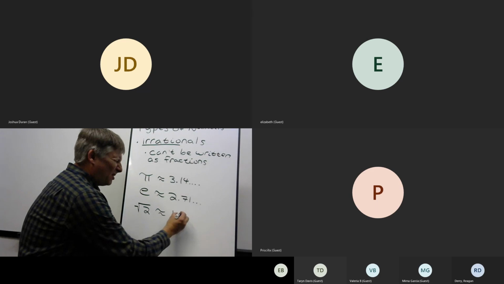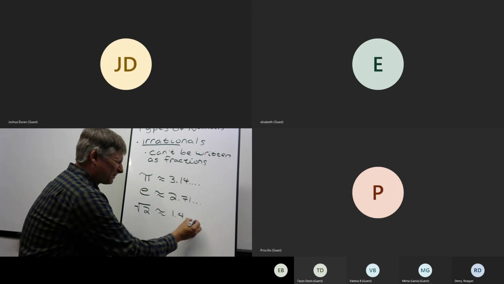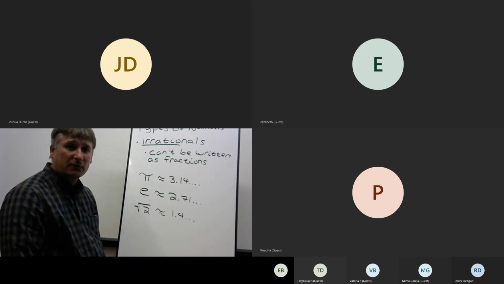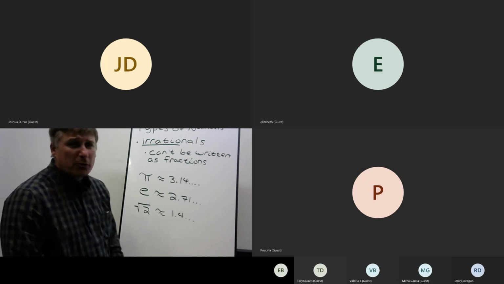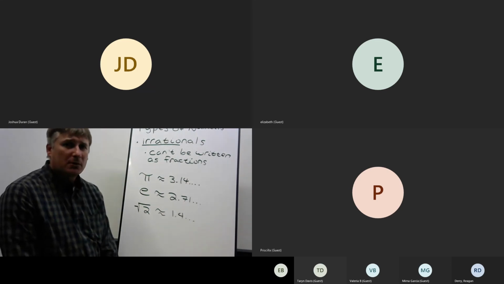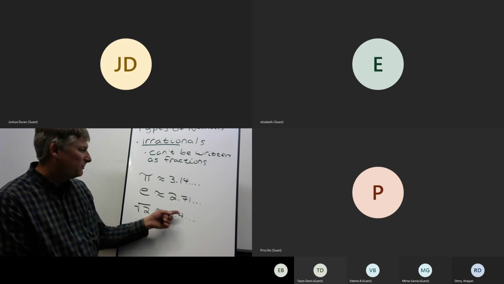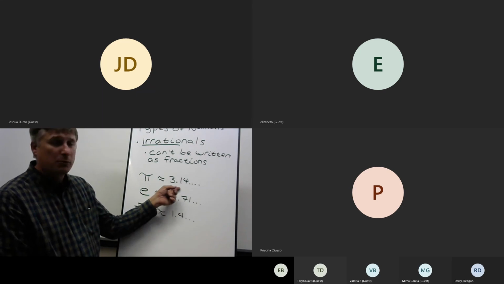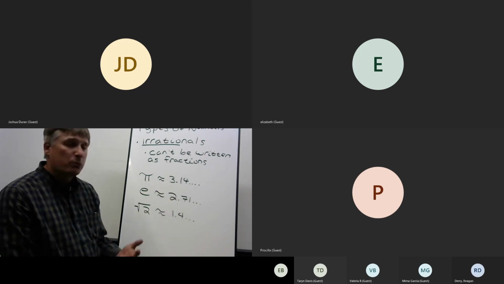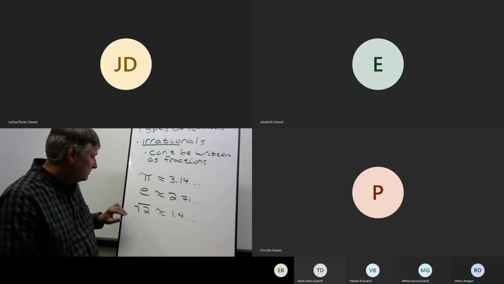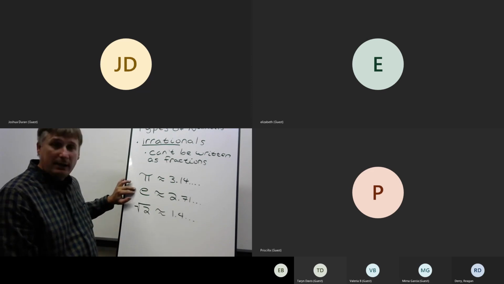I think this is about 1.4. Goes on and on forever. When we work with irrational numbers, we represent them using one of two ways. Either we round them off, 1.4, 2.71, 3.14, or we represent them with a symbol, square root of 2, e, and pi.